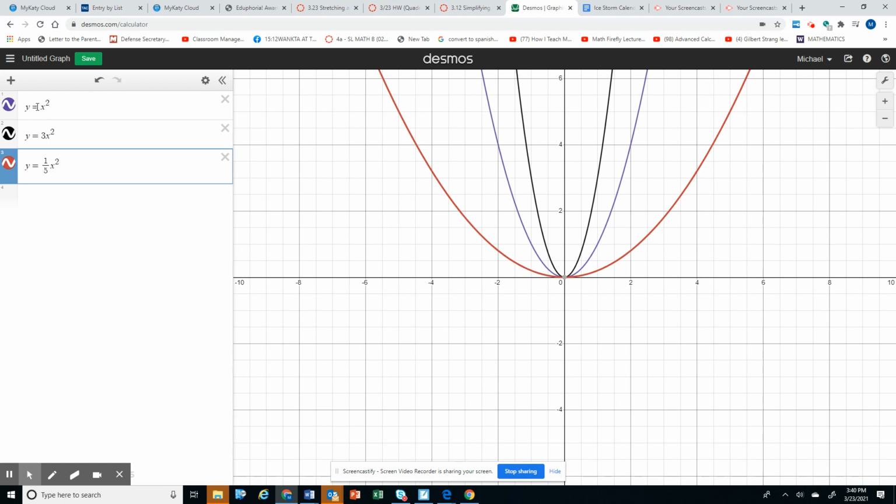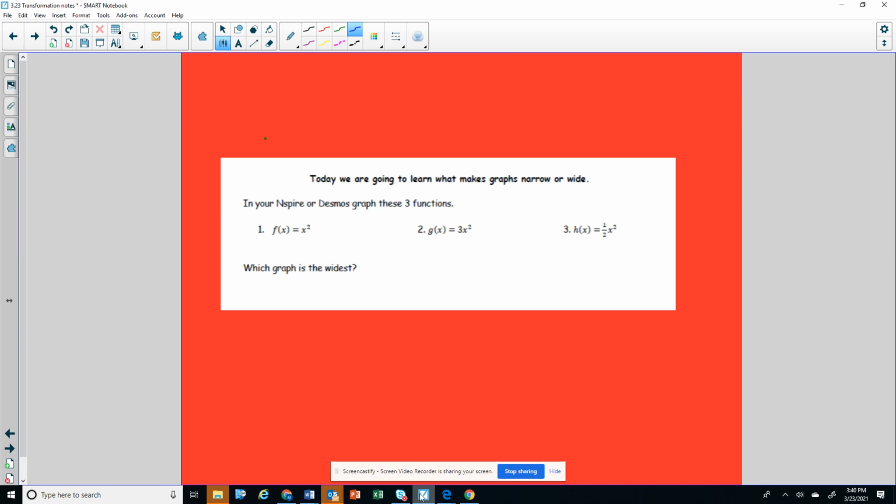So as we go from 1 to 3, you see the graph gets narrower, or we call it stretch. All right, so let's go back to this. So which is the widest one? This one is the widest one.